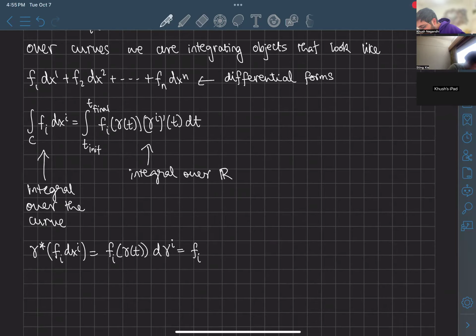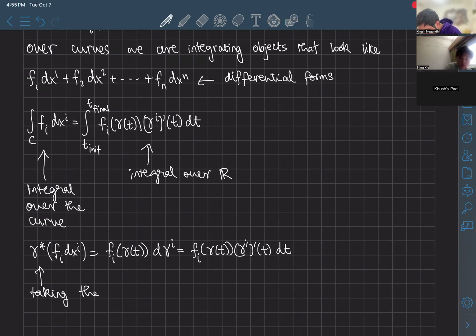And we'll see that d gamma i is nothing but gamma i prime of t dt. Okay. So this object here is called taking the pullback, because we're pulling back integrals along curves into integrals along R.